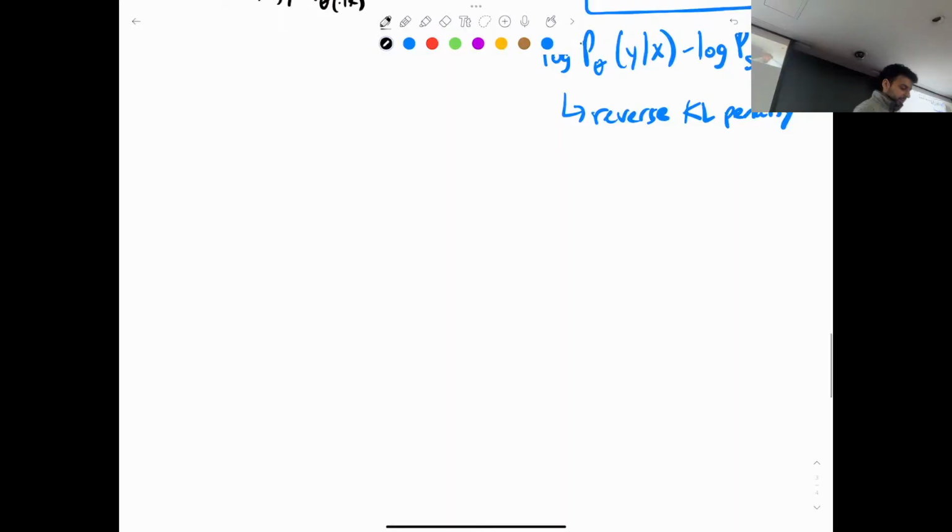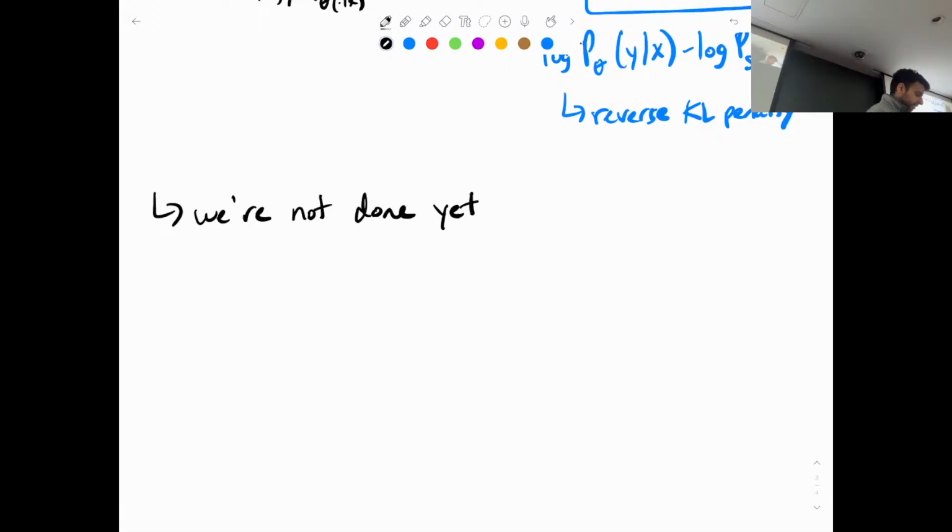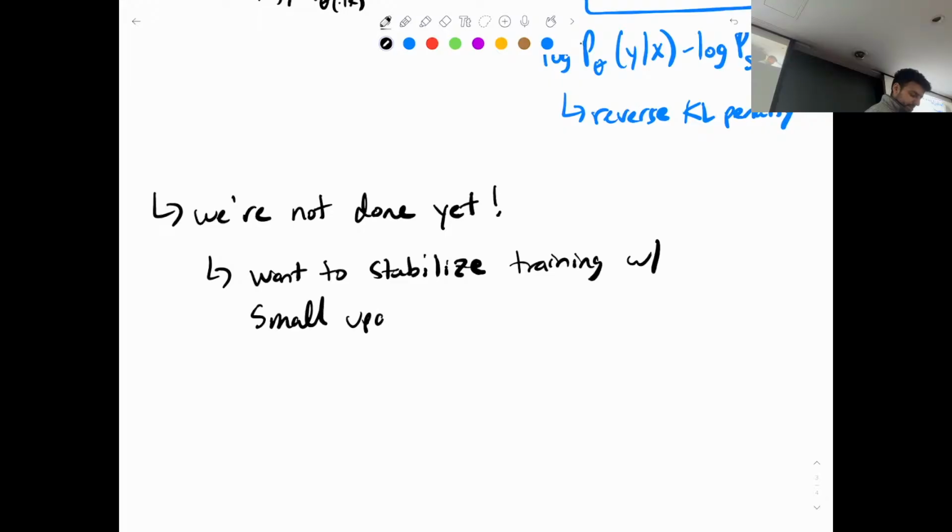Okay, so we've talked about the KL penalty, but unfortunately, we're not done yet with changing around our objective. We want to stabilize training with small updates during RL.